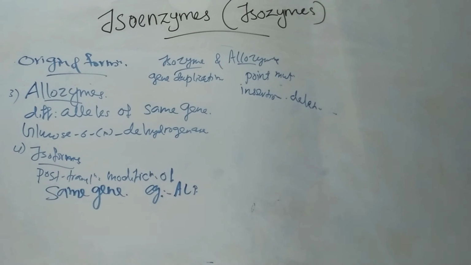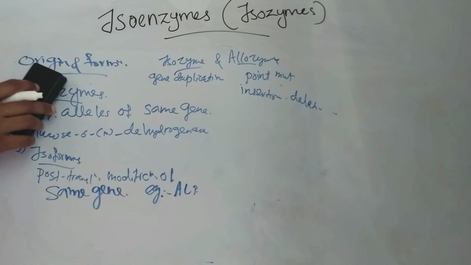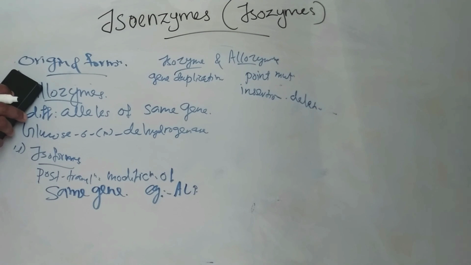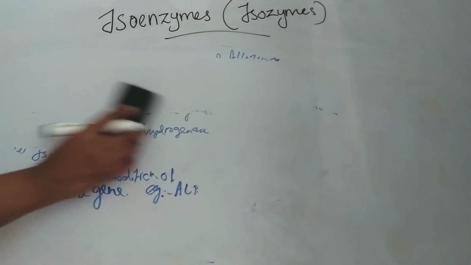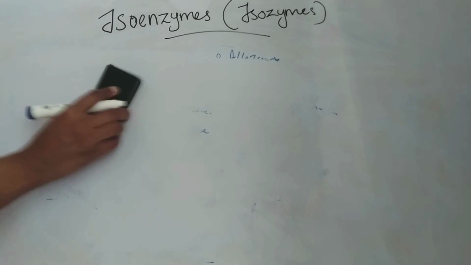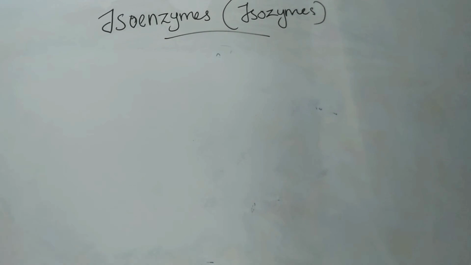ALP has 6 isoenzymes. That is isoforms. So, based on origin and formation, 4 forms are there: true isoenzymes, hybrid isoenzymes, allozymes and isoforms. Next we will see properties or characteristics of these isozymes.